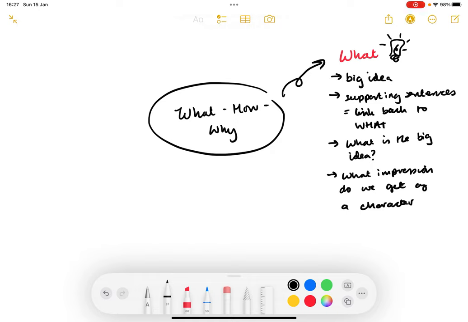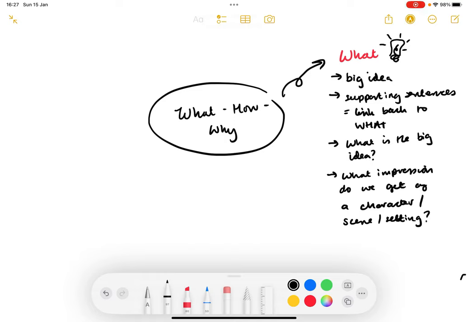And there were lots of questions that were like this, so I'm just going to abbreviate it to one question and put in the key bits of information. What impression do we get of a character, scene, or setting? Okay, and that is it. After I've put in a question mark, that is it.